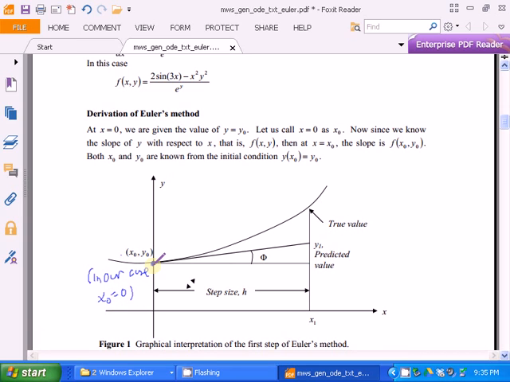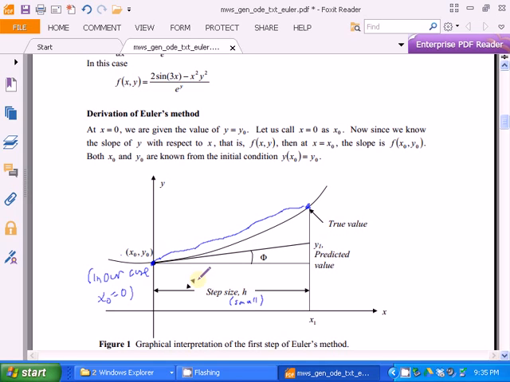All right, so we're taking h as something to be small. And what that means is that the tangent line to the solution curve is quite close to the secant line of the solution curve. We saw this before when we were finding roots, that we would approximate a tangent line with a secant line.